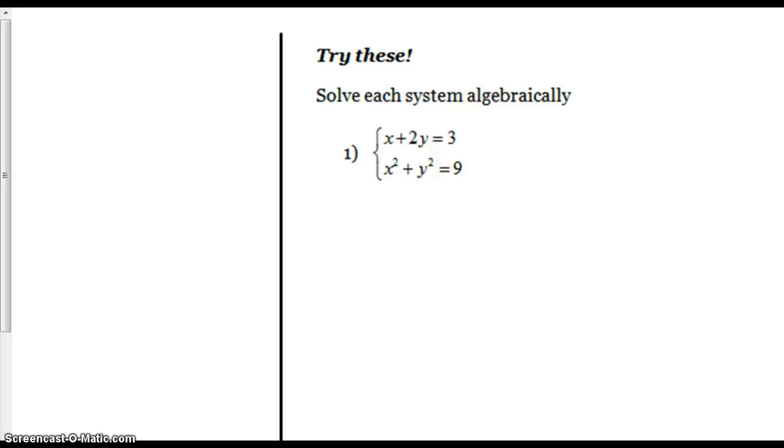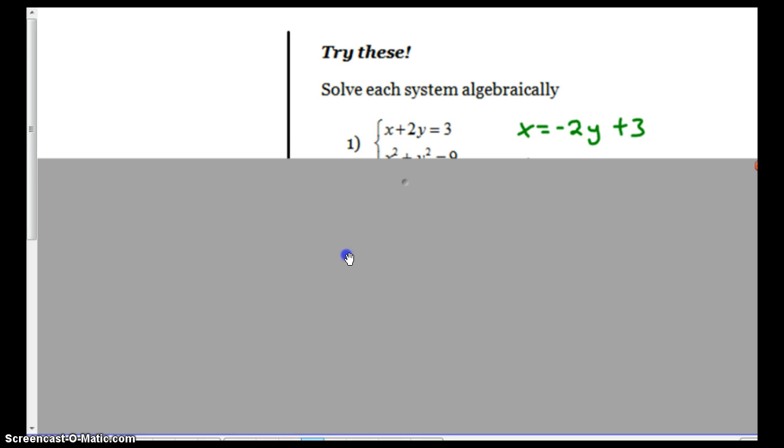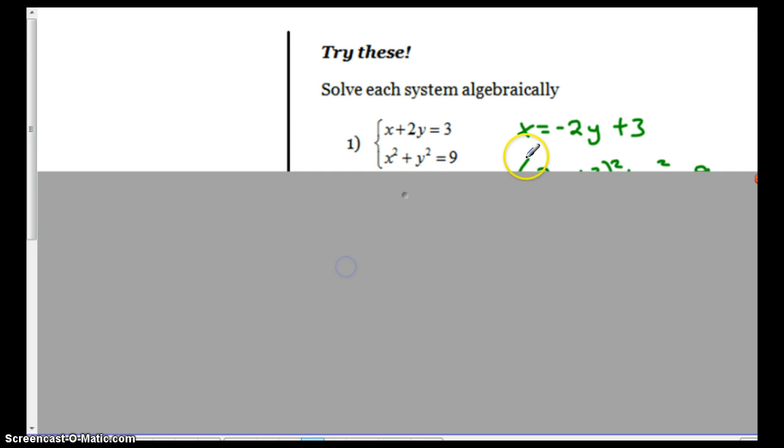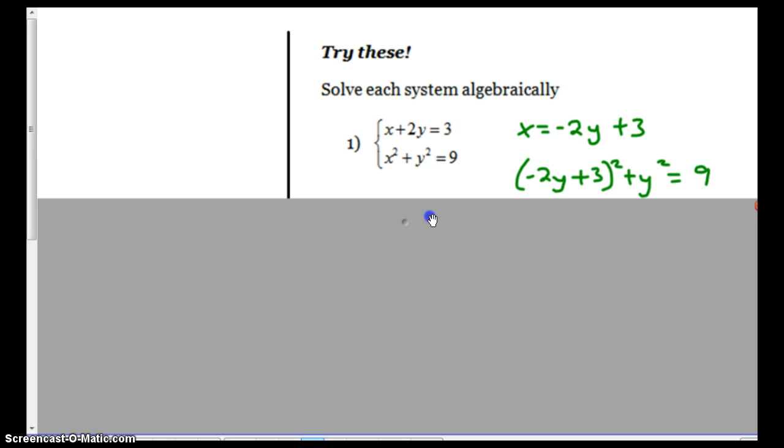Okay, great. When we have number 1, I decided to use the same method as the last time and solve for x and then use substitution to replace it. So when I solved for x, in this equation, I got x equals negative 2y plus 3. Then I took negative 2y plus 3 and substituted for this x.